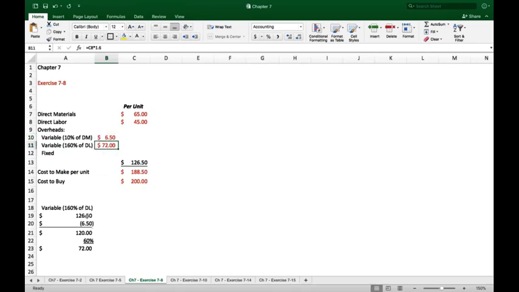Let me explain that. Again, of the 126.50, 6.50 we know what it is, so we're down to 120. Of this 120, 60% is variable and 40% is fixed. So what is 60% of 120? That's $72, and that's the $72 I brought over here.